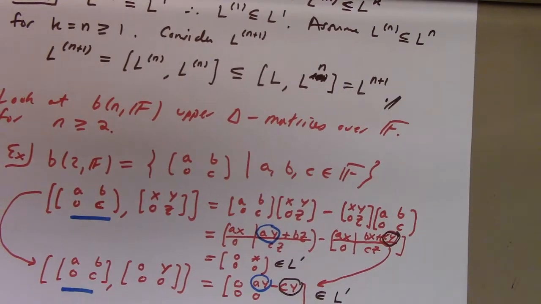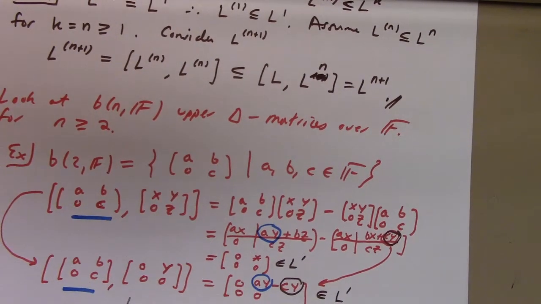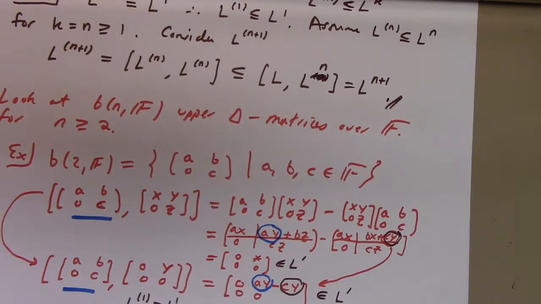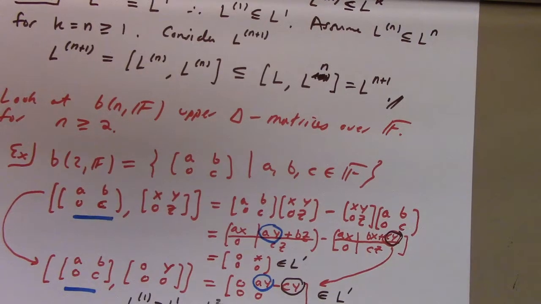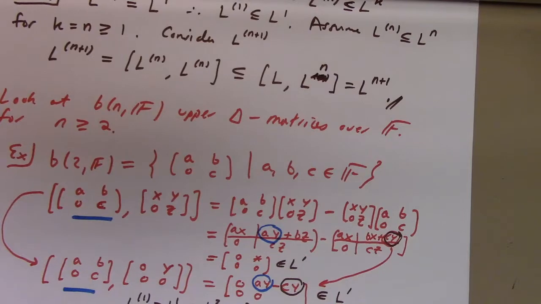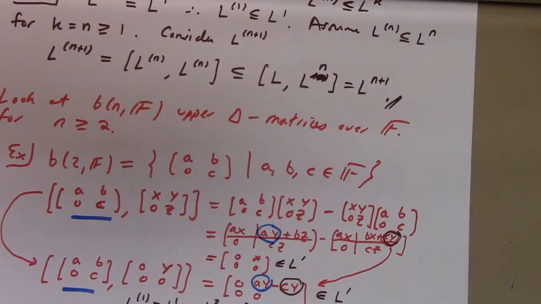So basically that tells you that L1 is equal to L2, is equal to L3, is equal to L4, and so forth and so on, forever and ever. It's always equal to that derived algebra. So it's never 0, it's not nilpotent.